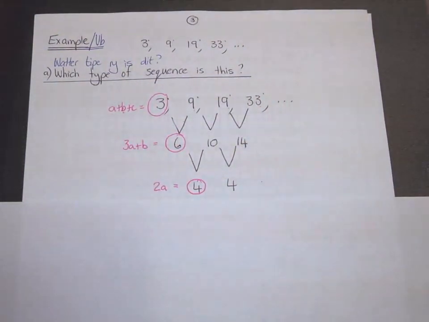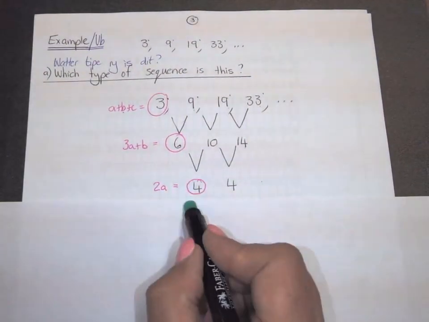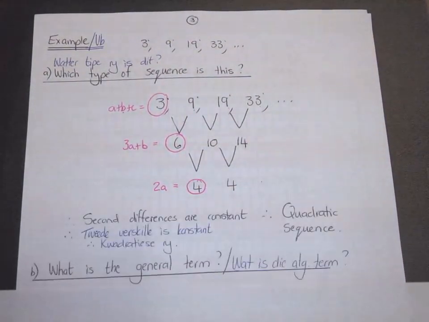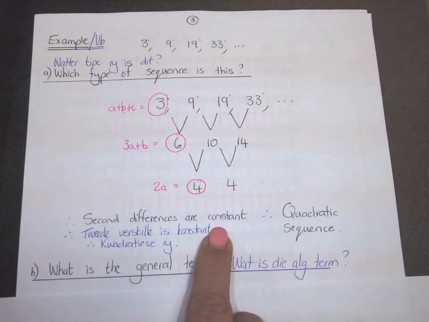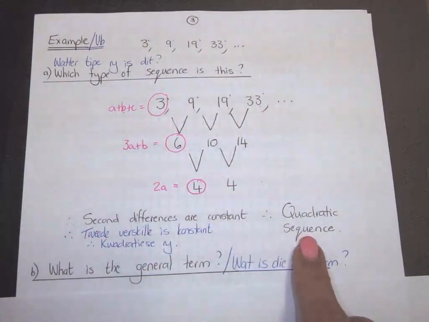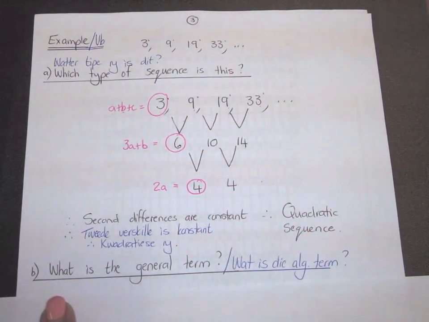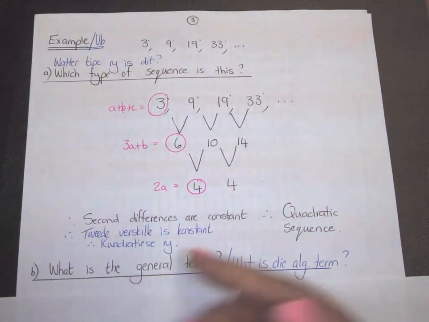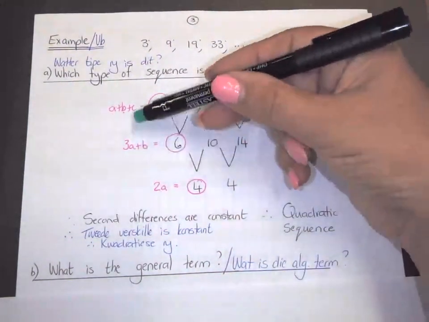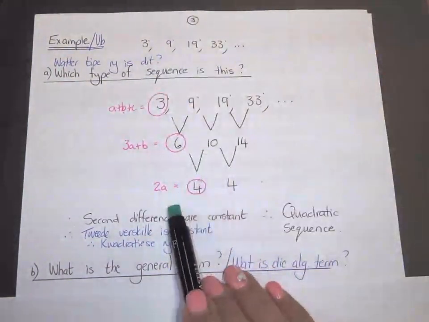Then you start at the bottom. Because the second differences are constant, it's a quadratic sequence. What is the general term? Now you write your formulas and you start at the bottom.